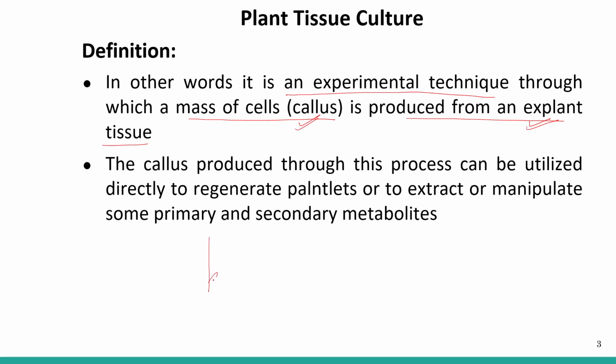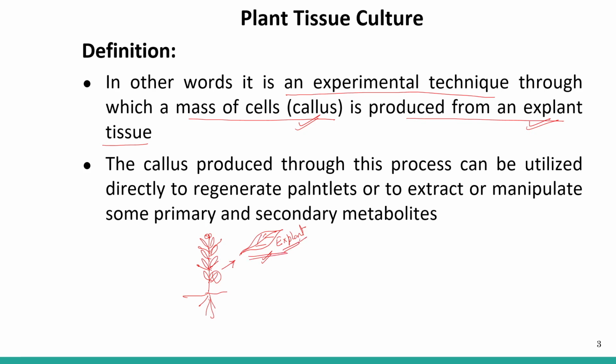Suppose this is a whole plant. It has leaf, stem, and even the flower. It has branches also, and it has roots. So I am taking this leaf. This is the explant, the plant part that we have taken out for the tissue culture.